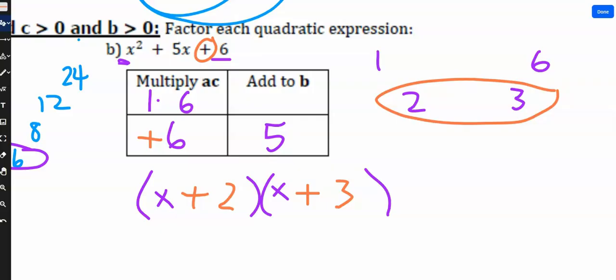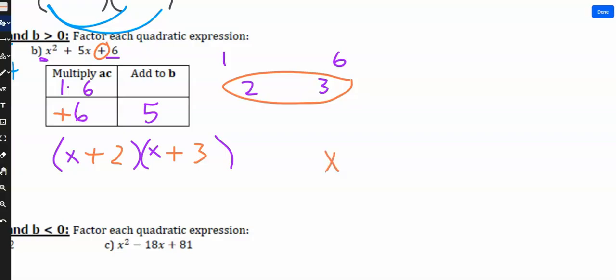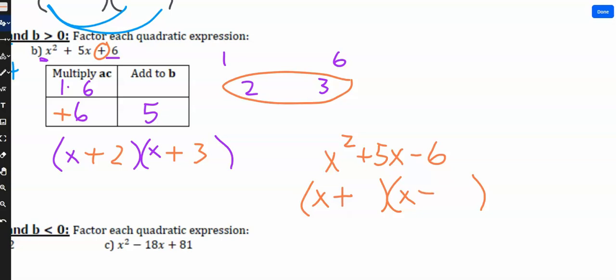I know, you're probably listening to me going, Mr. Stailey, this doesn't make any sense. Well, maybe I should just write it out right now because it is coming. X squared plus 5x minus 6. You'll have an x here and you'll have an x here. But the only way to get a negative 6 is if one's plus and one's minus.